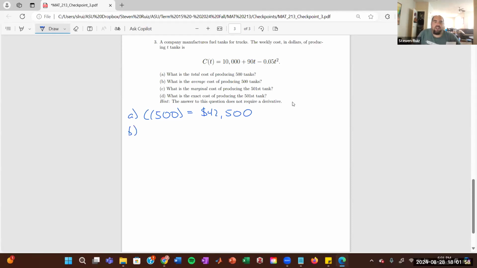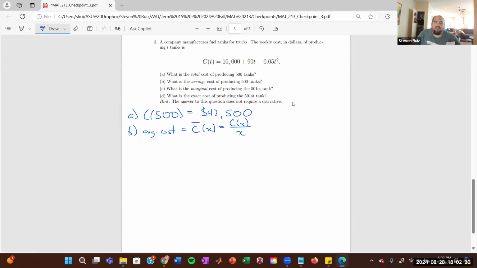B, what is the average cost of producing 500 tanks? So how do you find the average cost? In general, the average cost, C with an over bar on it, is how we denote it. If I want to find the average cost of something, I have to find the total cost and then divide that total cost by the number of objects that I produced.